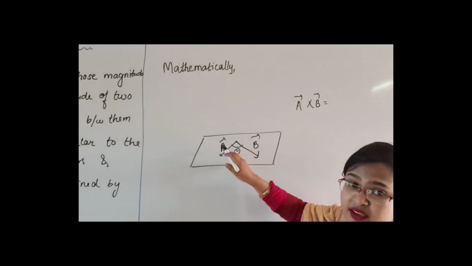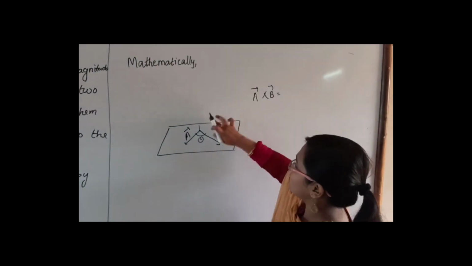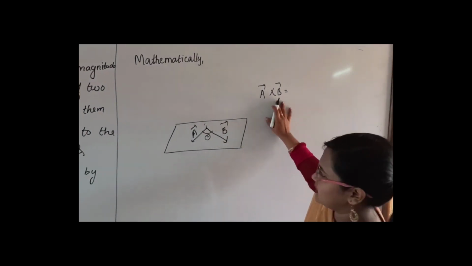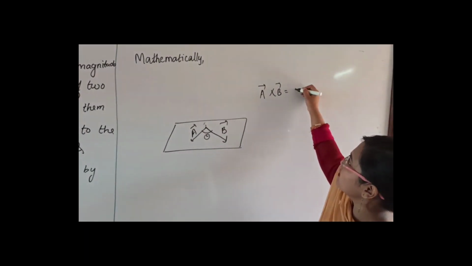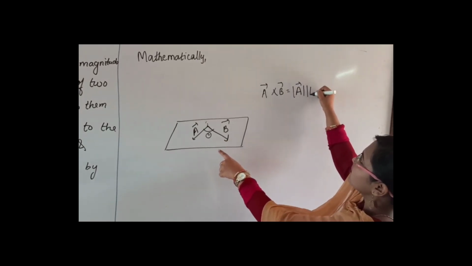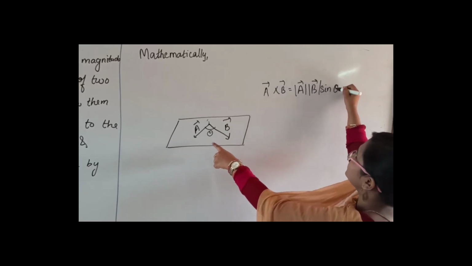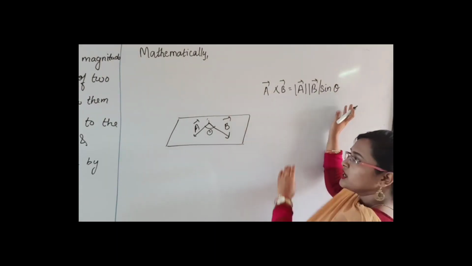A cross B. First of all, let's see the magnitude. For A cross B, the magnitude will be given by the product of the magnitudes of vector A, vector B, and the sine of the angle between them. This part gives the magnitude. What about the direction?